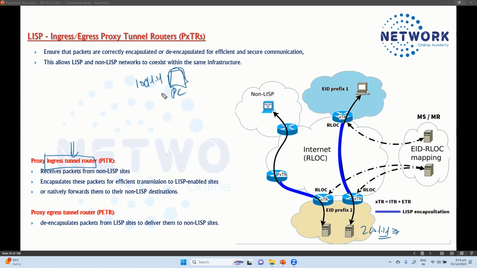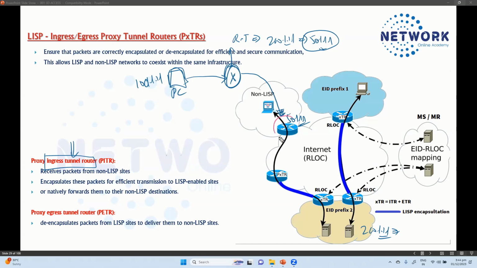So the endpoint sends a packet to the local router, and the local router checks the routing table based on normal routing information, because it does not have any LISP. It says that to reach 200.1.1.1, the next hop is 50.1.1.1. So the packet is forwarded to this router.